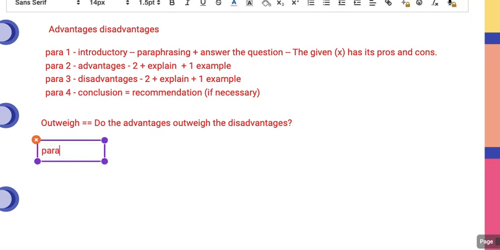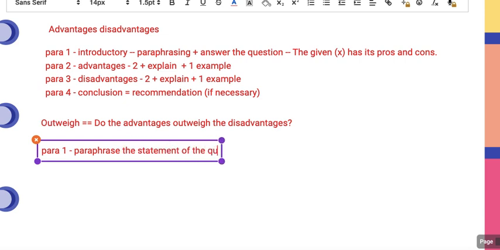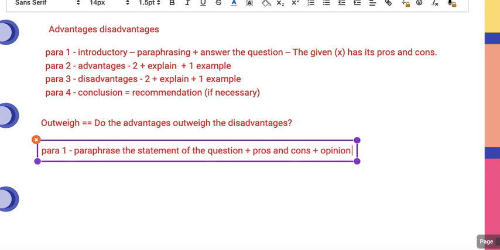Your first paragraph is going to be your introductory para, where you will paraphrase the statement of the question. Then you will say that yes, the pros and cons are there, but you will also give your opinion. Your opinion must be clearly laid out over here, whether advantages are more or disadvantages are more.